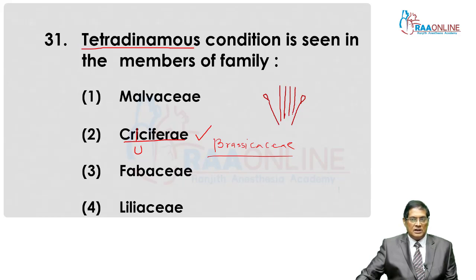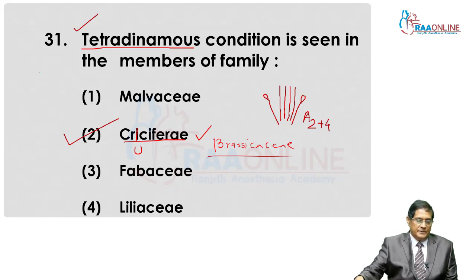That is, stamens are in 2 whorls. So, A for androecium: the outer whorl has 2 and short, whereas the inner whorl has 4 and long. This condition is known as tetradynamous. It is applicable for the family Cruciferae.